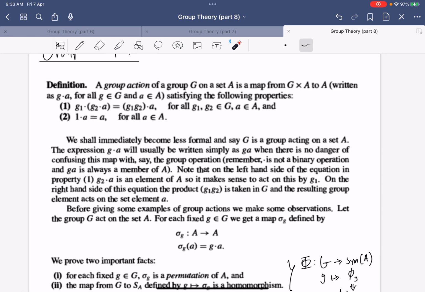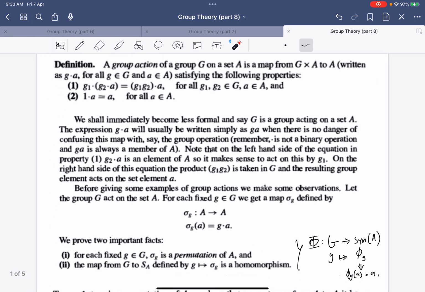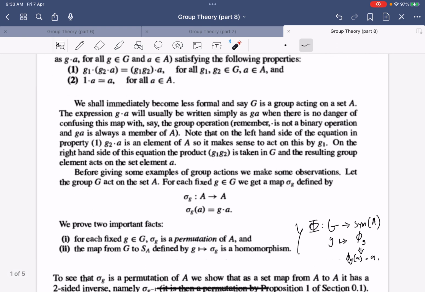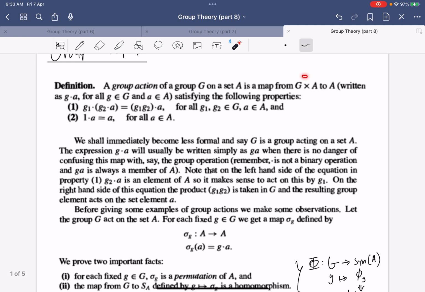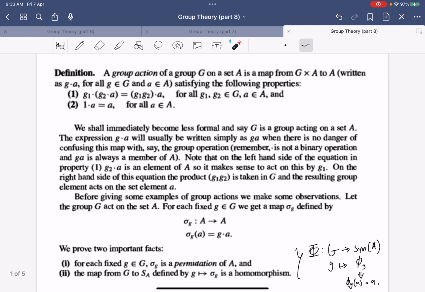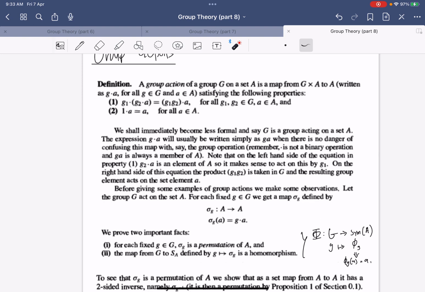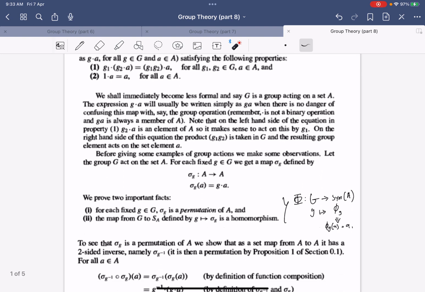And so intuitively what we are saying is that we are permuting the elements in A by an action of G. So what does this permutation mean?